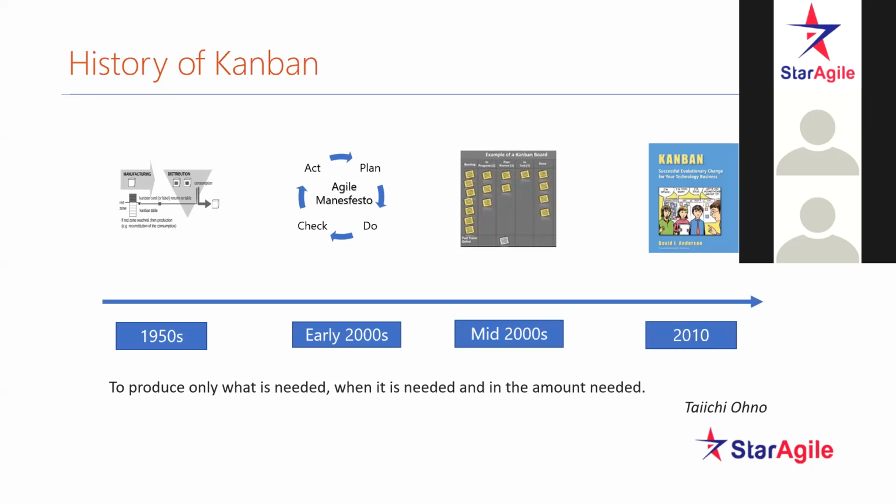So there was an engineer called Taiichi Ohno from Toyota, who identified something called the 7 types of waste. These 7 types of waste decreased the throughput of Toyota, and they implemented changes, reduced that waste, and saw an improvement.